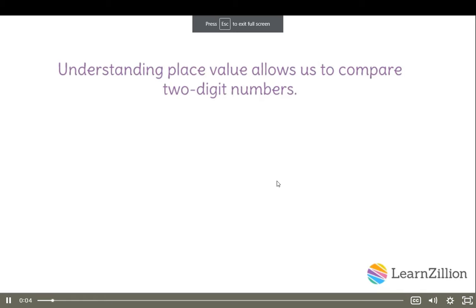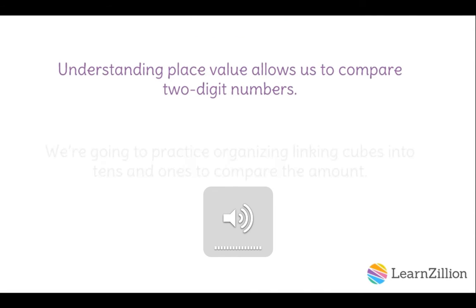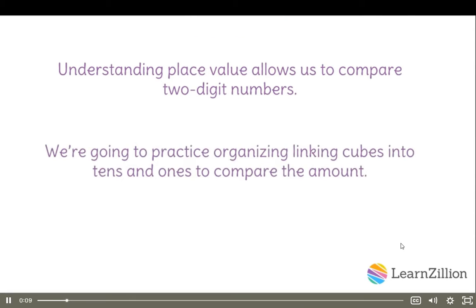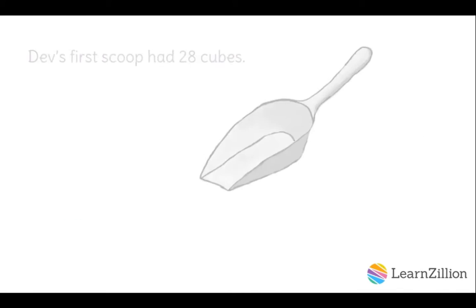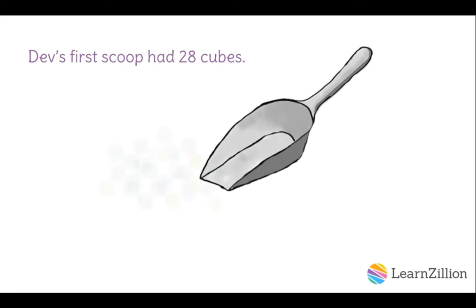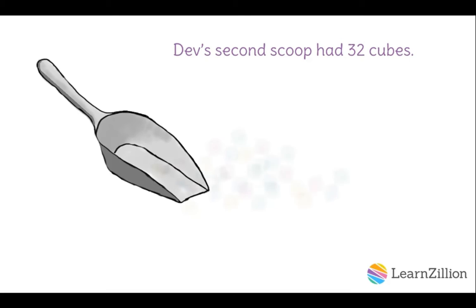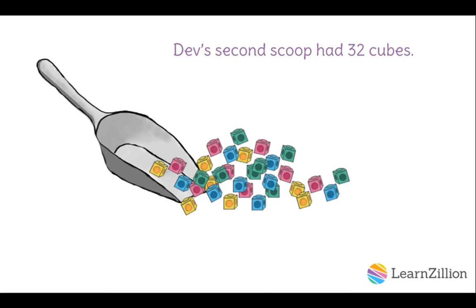Understanding place value allows us to compare two-digit numbers. We're going to practice organizing linking cubes into tens and ones to compare the amount. I wonder how many cubes will fit in my scoop. Dev's first scoop had 28 cubes. Dev's second scoop had 32 cubes.